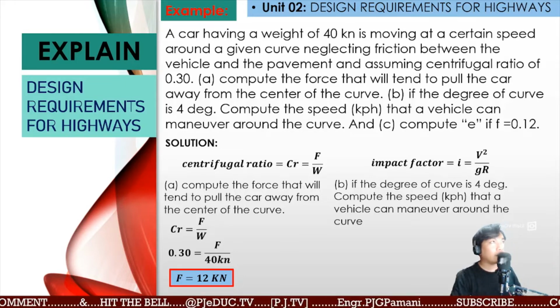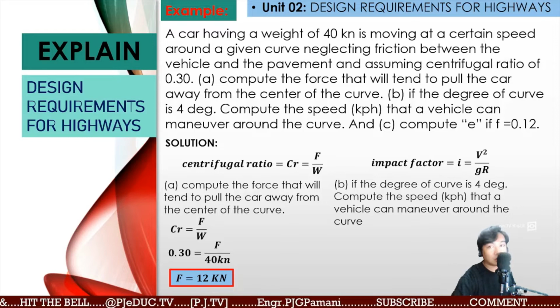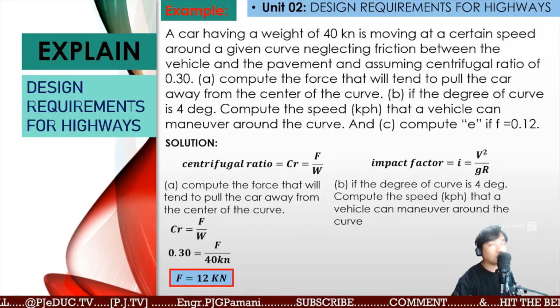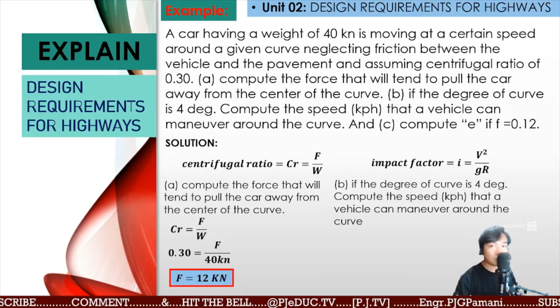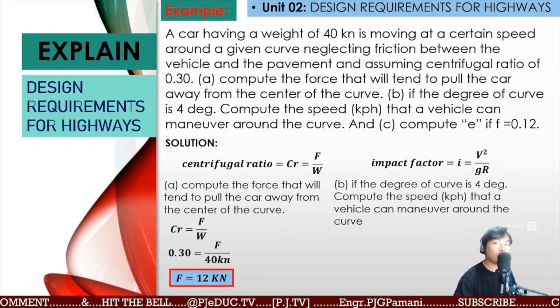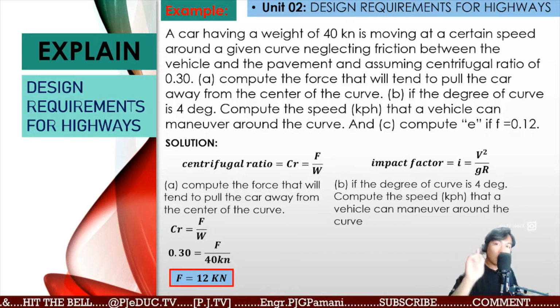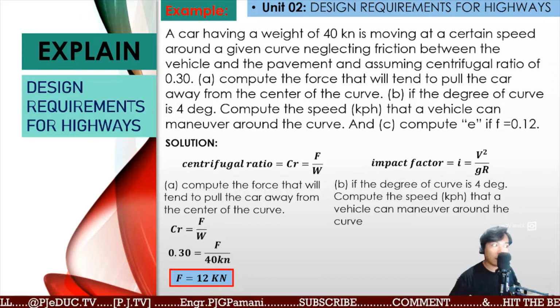Remember, you have your engineering survey in computing the radius of curvature of a simple curve, compound curve, and so forth, whether they are in arc definition or chord definition. Remember, arc definition for highway, chord definition for railway.